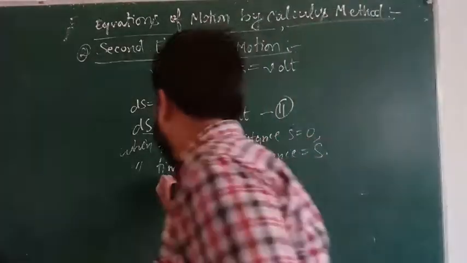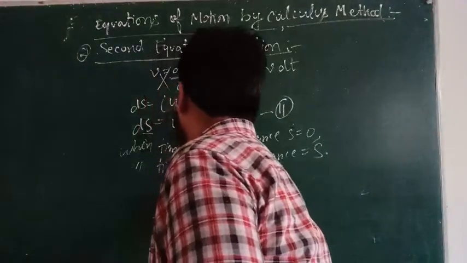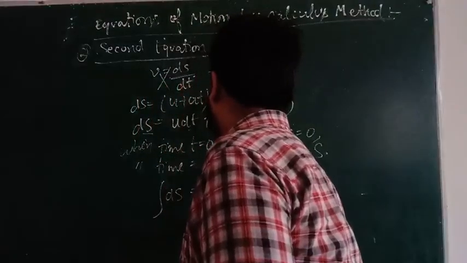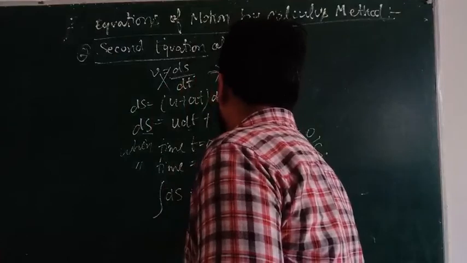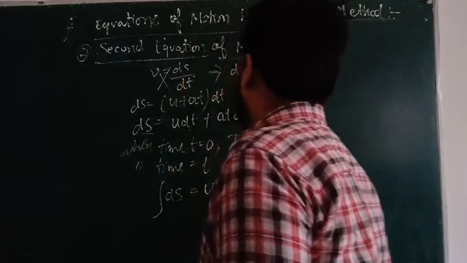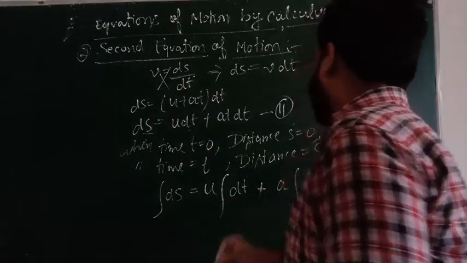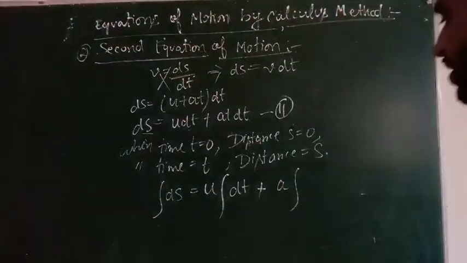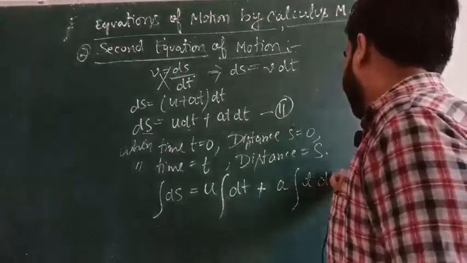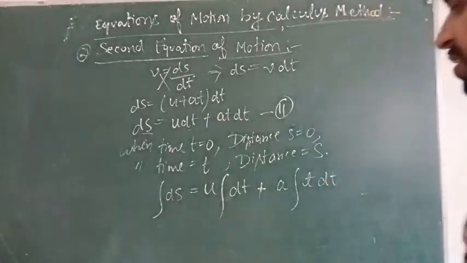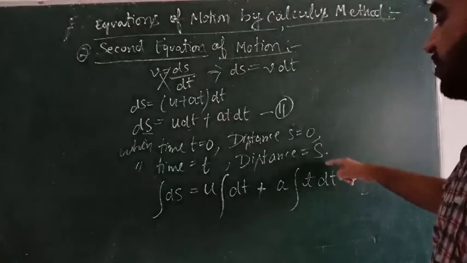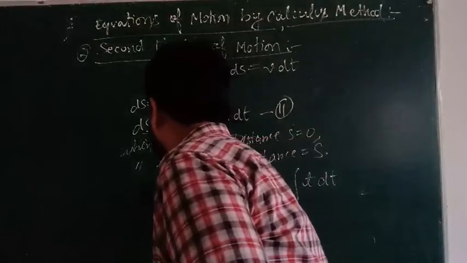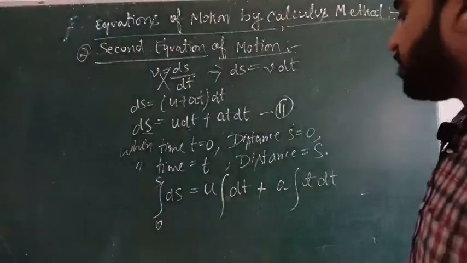Now just do this, and suppose this equation is equation 2, and apply integration on both sides. So ds will be replaced by integration of ds is equal to, u will be out of this, dt only, plus a is acceleration, this will be out, this is constant, t dt. Now what should be the limit? The displacement is from 0 to s. So replace it by 0 to s.